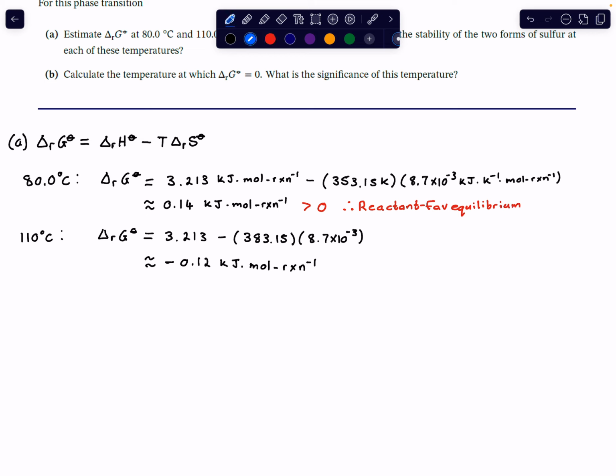Right? And at 110 degrees Celsius, our Gibbs energy of reaction is less than 0. So that means we have a product favored equilibrium.